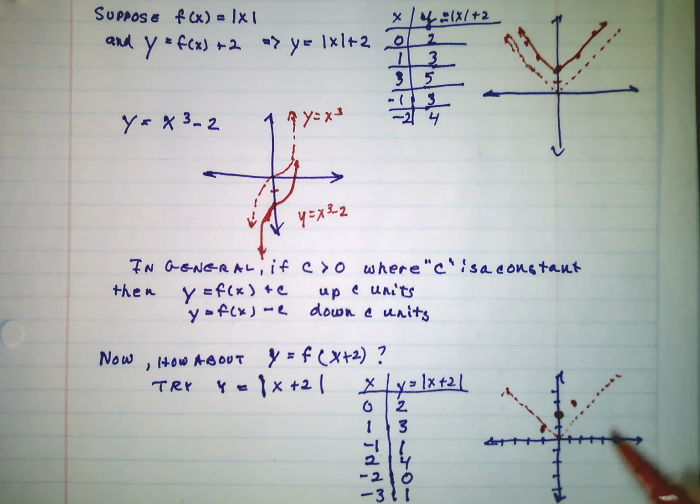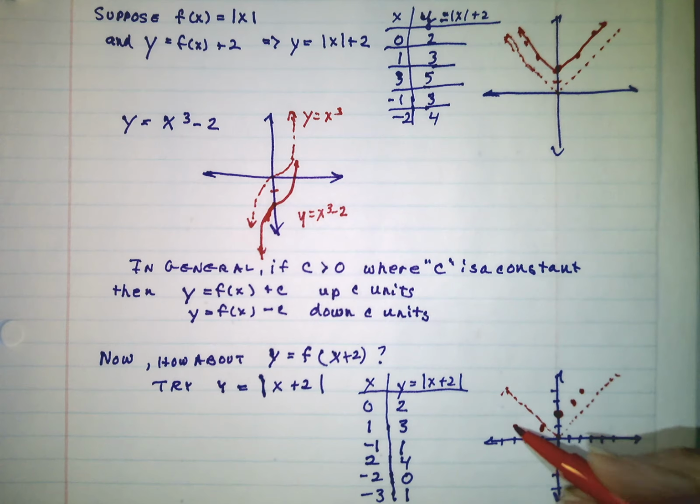And 2 is going to go across to 4, and negative 2 is going to be at 0. And negative 3 is going to be at 1.